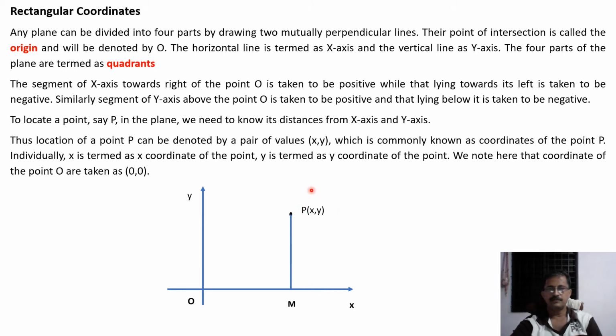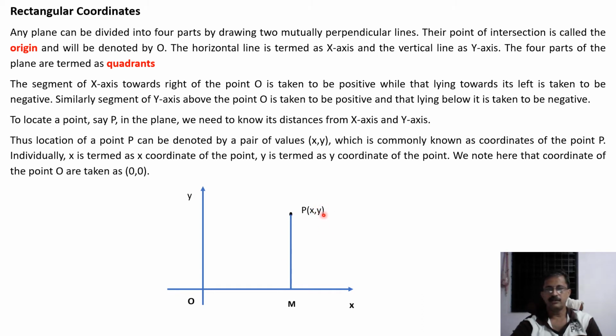To locate this point in this infinite plane, what we usually do is draw a perpendicular to the x-axis, here named M, and then we measure the distance of this point from the x-axis and y-axis. Clearly, the distance from the x-axis is PM, and if that length is equal to y, we say that it is the y coordinate.